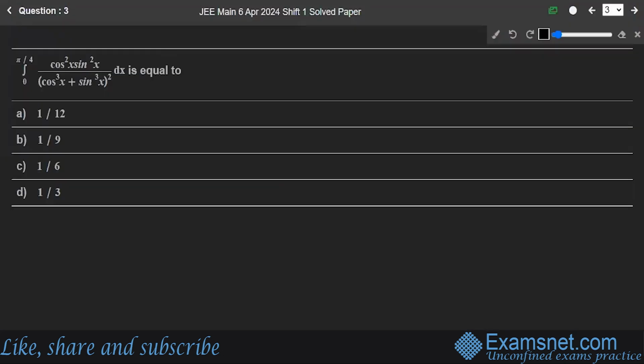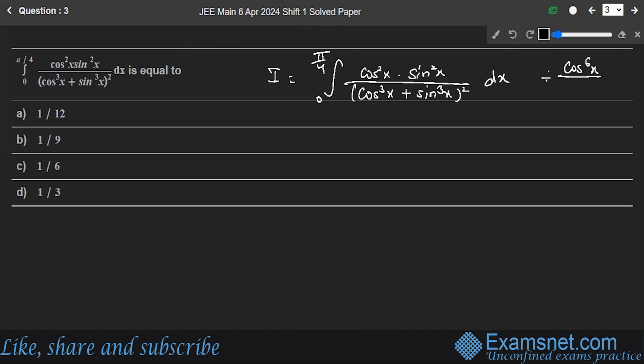Question number 3. Integral of 0 to pi by 4, this expression is equal to, let's say I, and the question is 0 to pi by 4 cos square x sine square x divided by cos cube x plus sine cube x whole square dx. So let's divide the numerator and the denominator by cos power 6x.